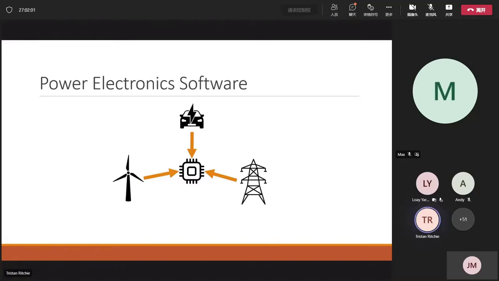So from this, we can see that it touches quite a few industry sectors that are growing quite rapidly, most notably EVs, electric vehicles, and the renewable energy sector. For this reason, it is quite important that we understand how this software is implemented at scale and how it can be verified before use in safety critical systems.